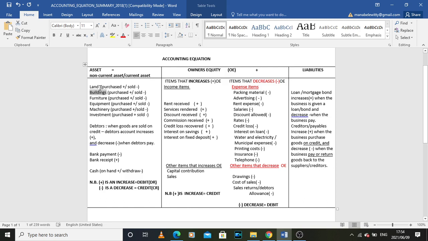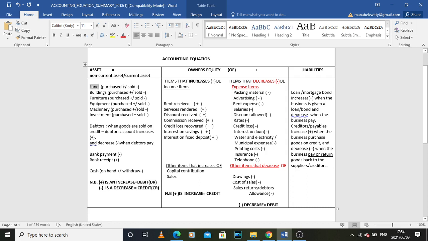So okay, let's see. Asset increases on the debit side and decreases on the credit side. You must be familiar with this part. Let's take for instance land.